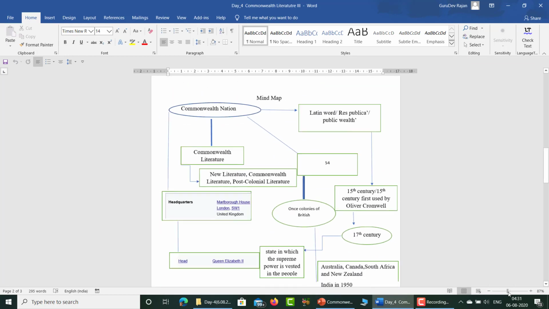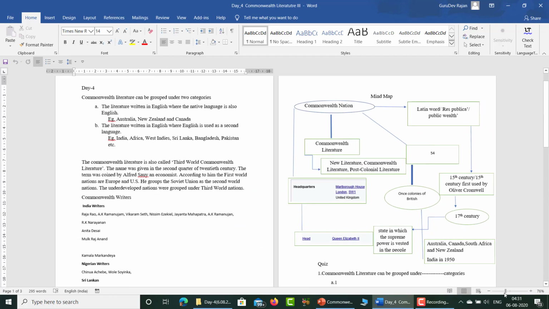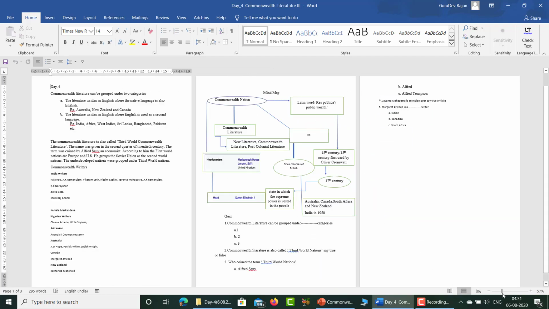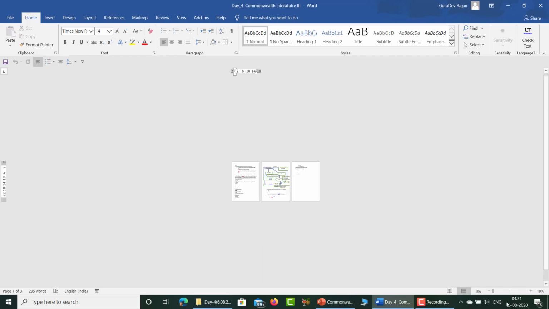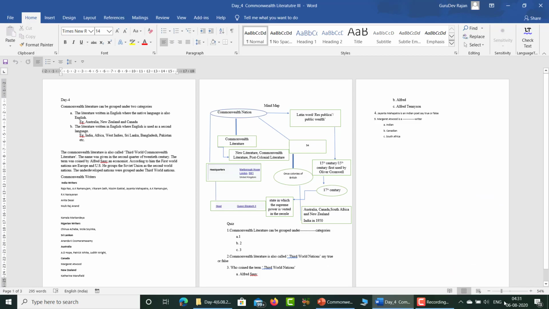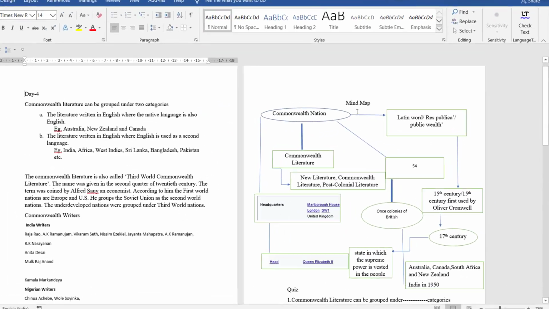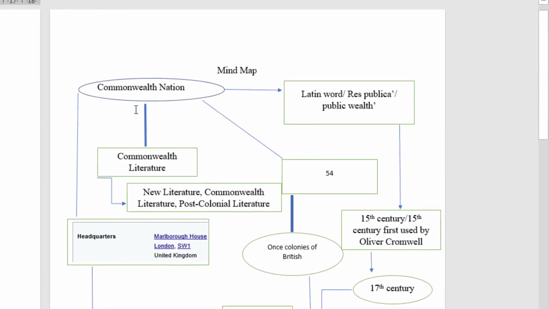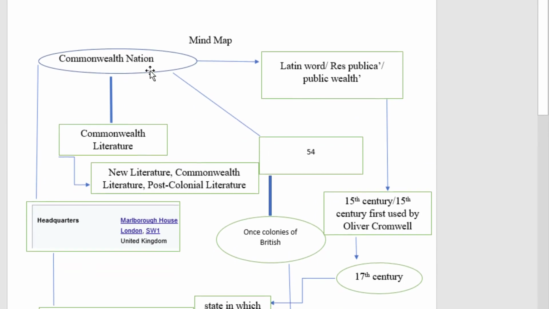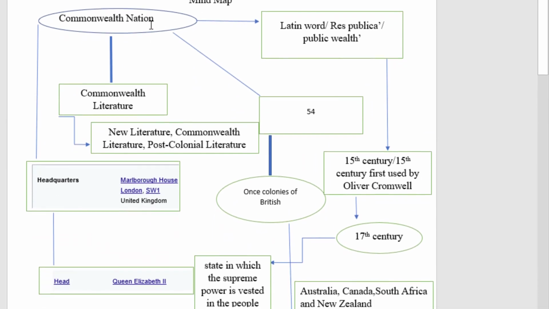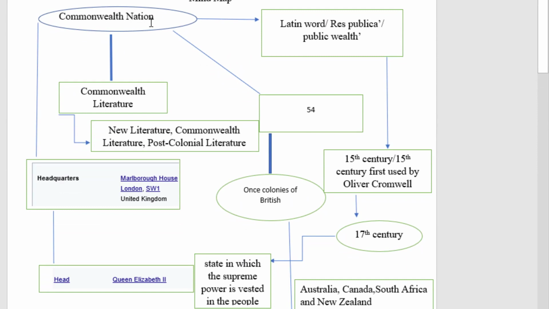If you look into this structure of Commonwealth literature, you can see the Commonwealth nation. What is a Commonwealth nation? The nations which were once the colonies and were given freedom by the British Empire are called Commonwealth nations.